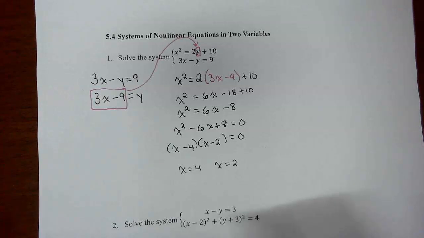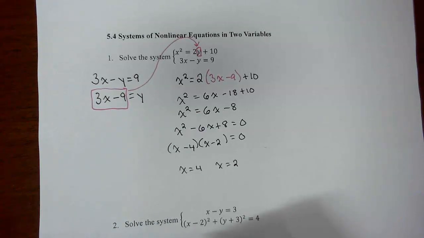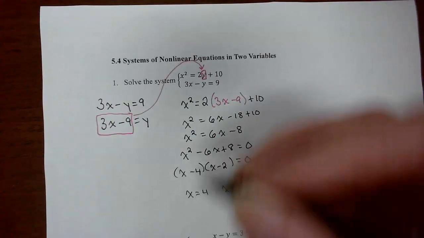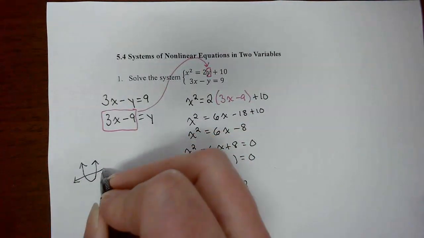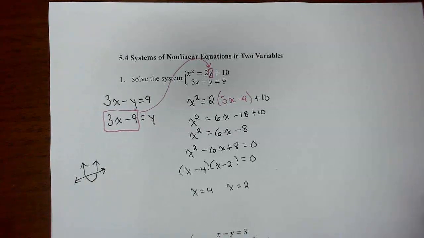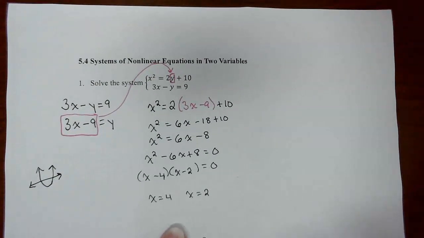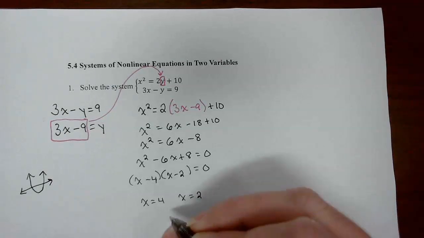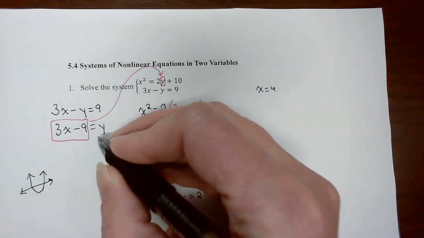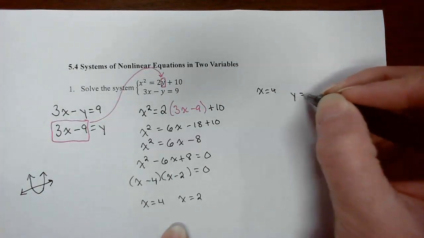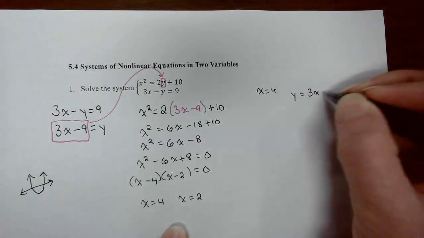Now, it is possible to have two solutions to this. Think about it. If you have a quadratic, whether it's opening up or down, and I have a line, it can actually cross twice. So I have two different values for x, and I need to find the points. I'm going to take x equals 4 and plug it into that expression. I could plug it into either one, but I like that one.